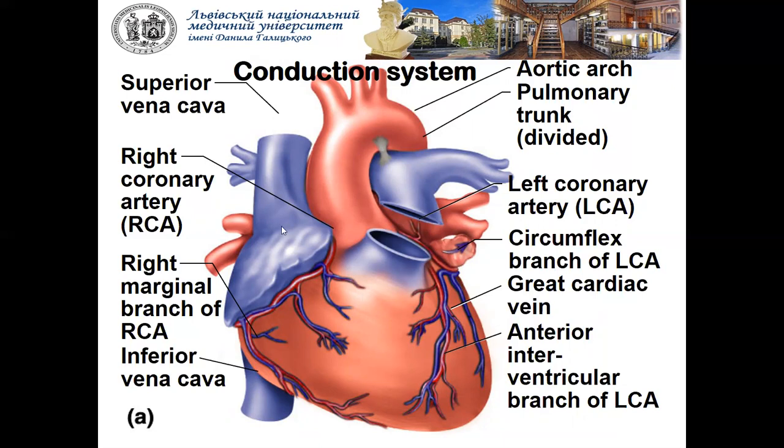Responsible for this innervation are two nodes, the sinoatrial node and the atrioventricular node, and bundles: the sinoatrial bundles and the atrioventricular bundles.